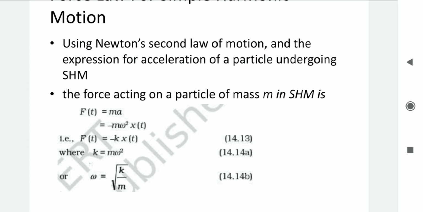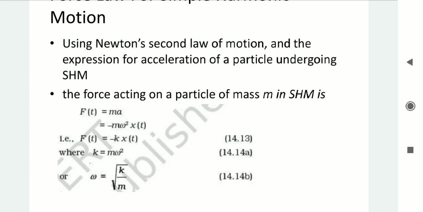Here, whenever the object is initially at the mean position, that is at rest, the force on the object would be 0. Now when the object starts to displace from its mean position, it develops a restoring force and tries to move towards its mean position, the equilibrium position. So this force is always directed towards the mean position, in the opposite direction of the displacement, and that's why a negative sign appears in the force equation.